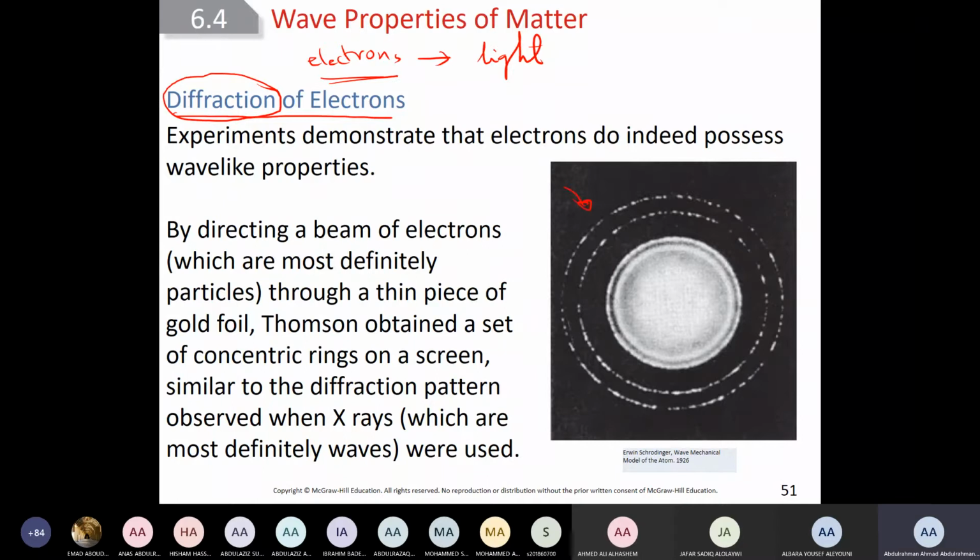See, this is the diffraction of electrons, and it gives light because of diffraction. That's another way to prove also the de Broglie equation. Light can come from mass. We change mass into waves, and this is by diffraction. Good.